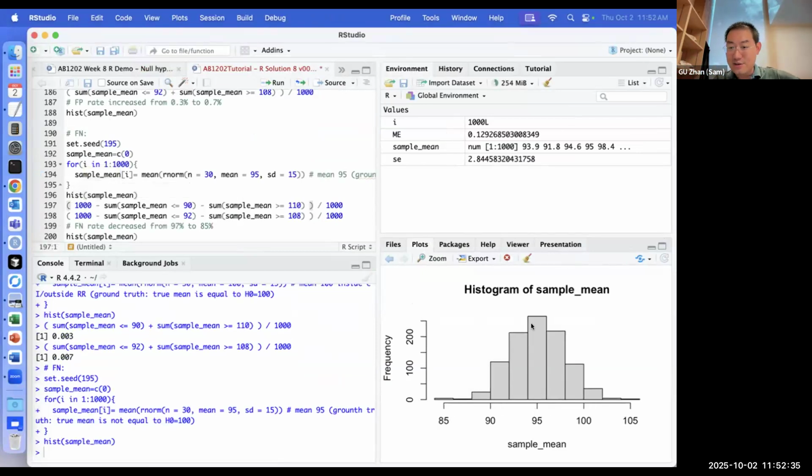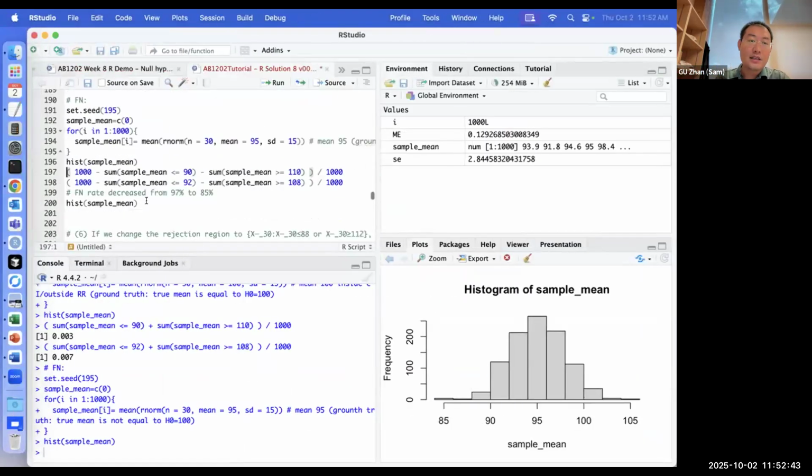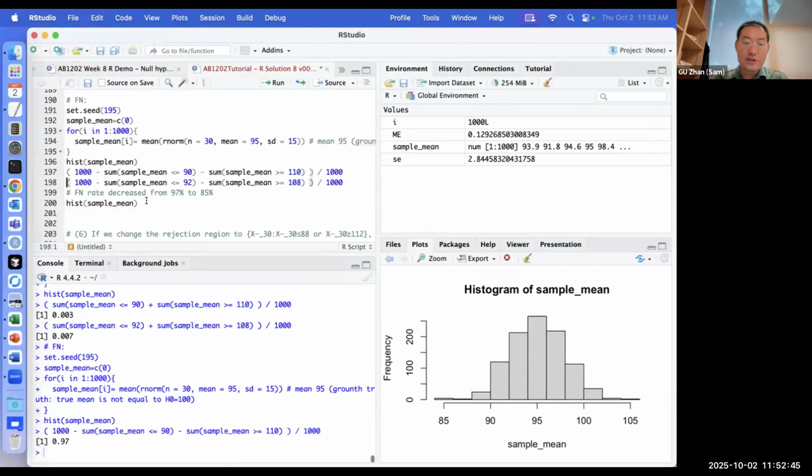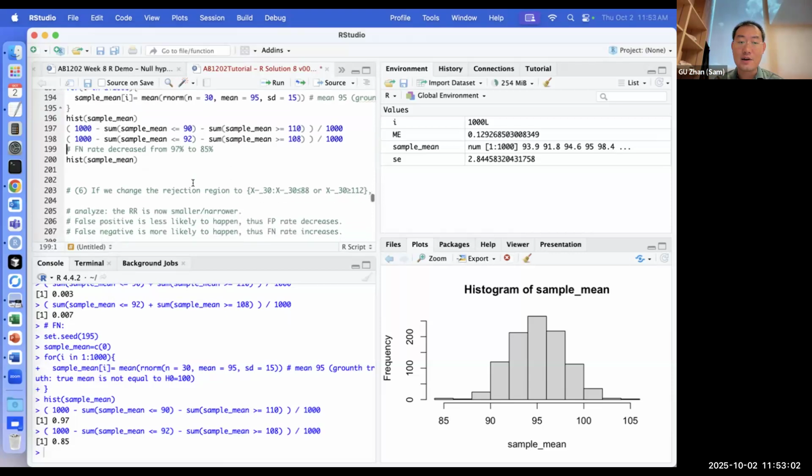You are seeing that it's centered at 95, so basically it's the blue, purple curve here. Then we calculate. Originally it is 97%. Then we change the rejection region, and the area in between gets smaller, from 97 to 85%.